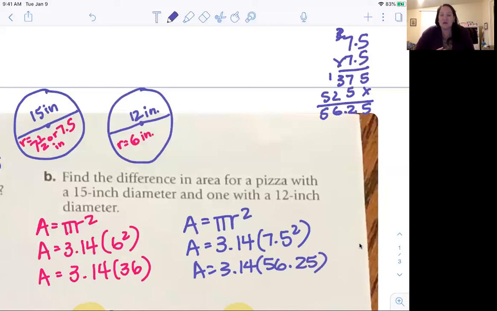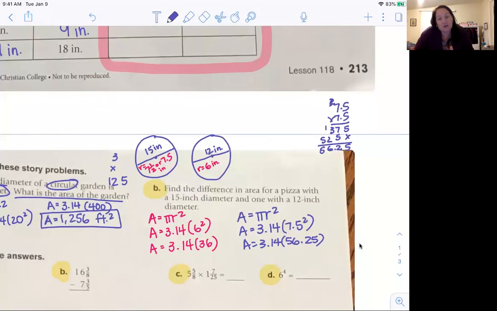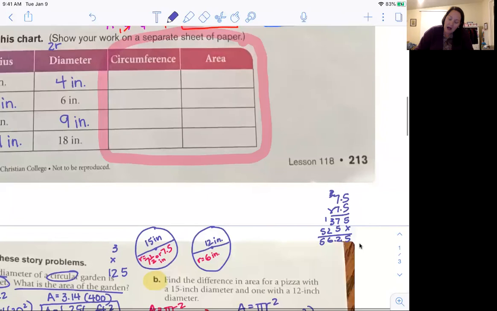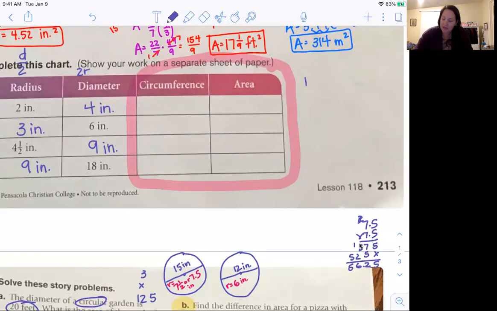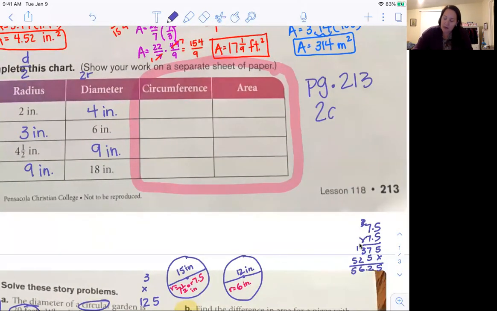So what I'm going to do for you is I'm going to have you finish that one for homework. So if you write this down, I want you to write this down. For homework tonight, or for continued work, I guess we could say, right? Not so much homework. I would like you to do page 213. This is number 2. 2A, B, C, and D, but just do circumference and area because we already did radius and diameter. Okay?